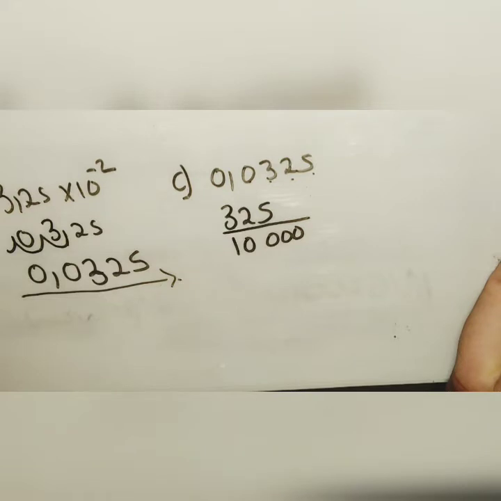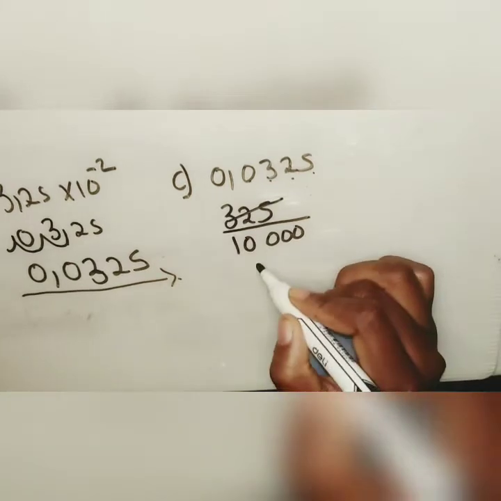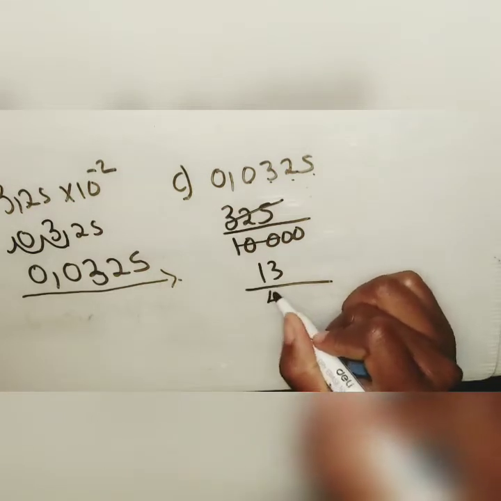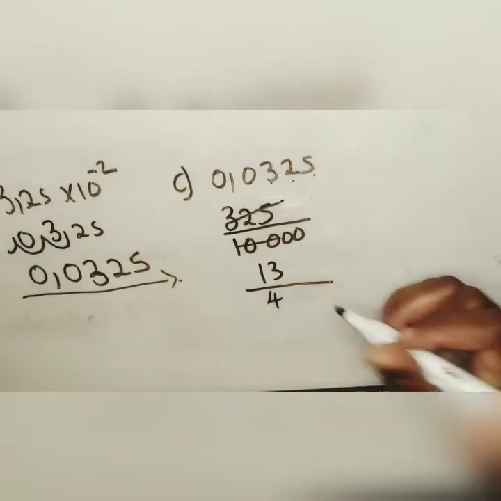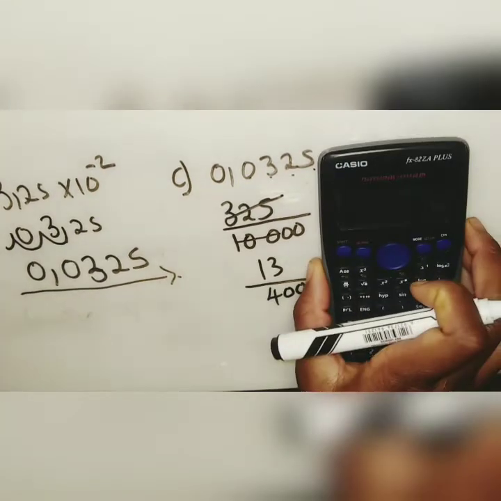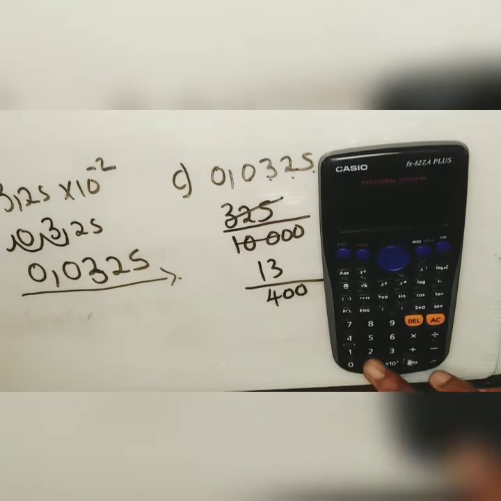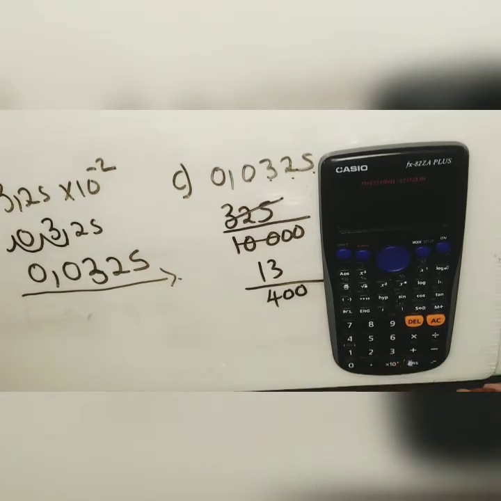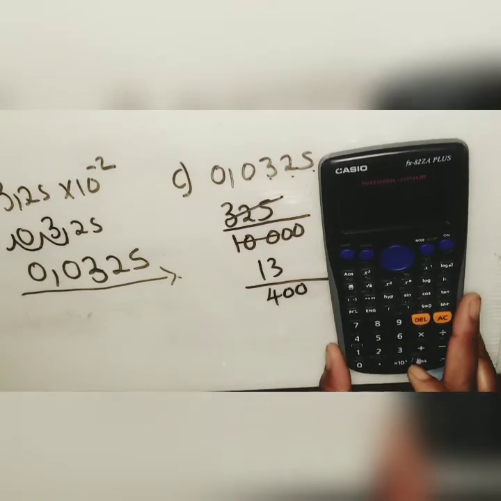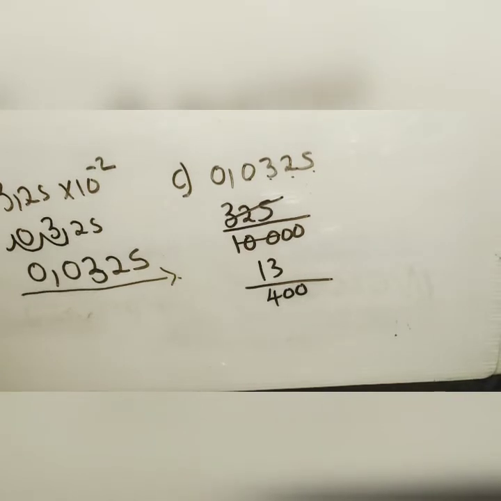So 25 into 100, we know it's 4 times. So into 300, that will be 4 times 3, which is 12, then 13. So into 325, it's going to be 13. And 25 into 100 is 4 times. So it's going to be 13 over 400. Let's confirm with our calculator whether we are correct or not. Remember our calculator, our best friend, 0,0325 as a fraction. Yes, it's 13 over 400. We got that one right.